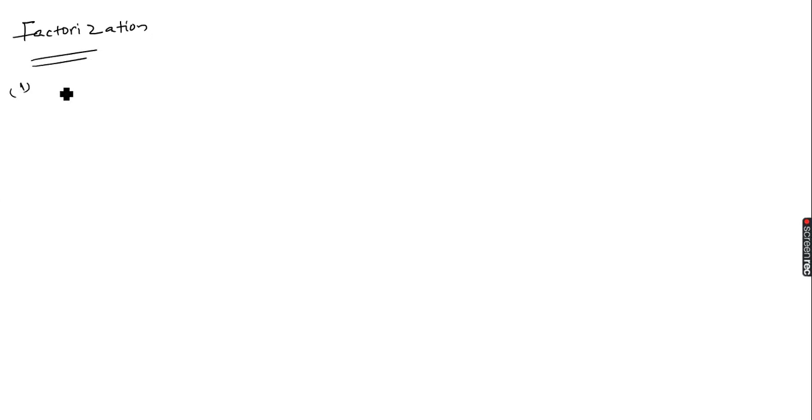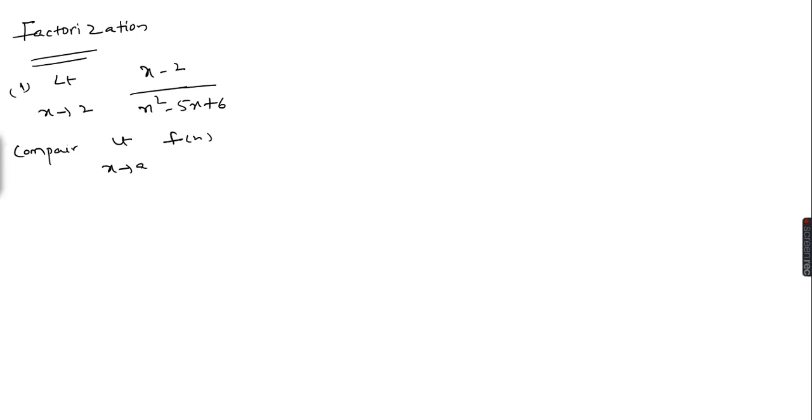The problem is the limit as x tends to 2 of x minus 2 by x square minus 5x plus 6. So first we compare with the limit as x tends to a of f of x. Therefore a is equal to 2 and f of x is equal to x minus 2 by x square minus 5x plus 6.